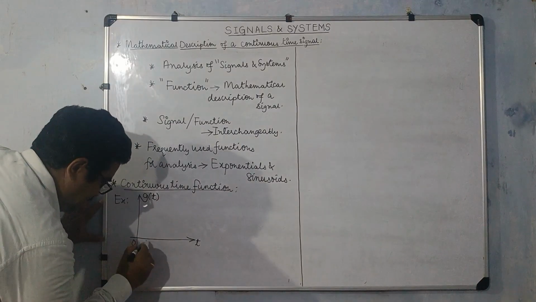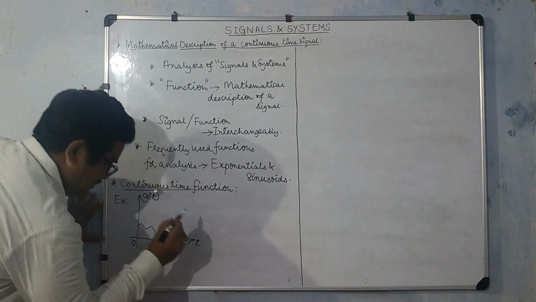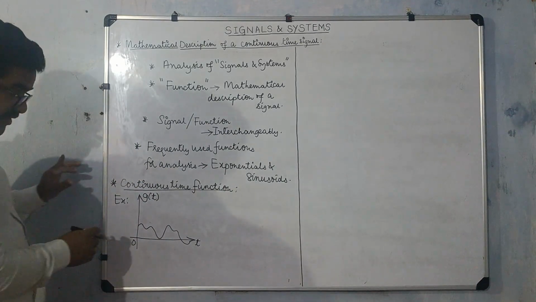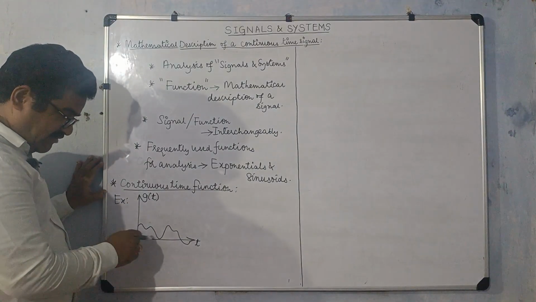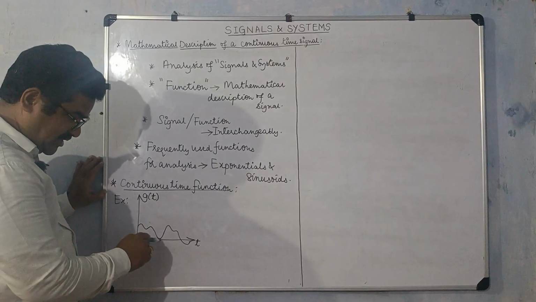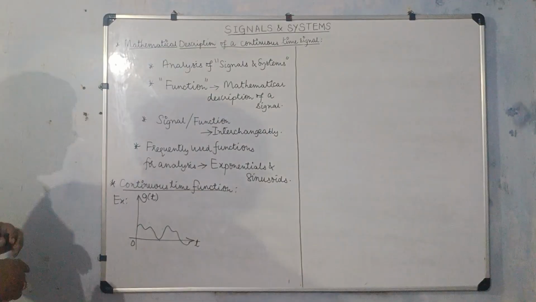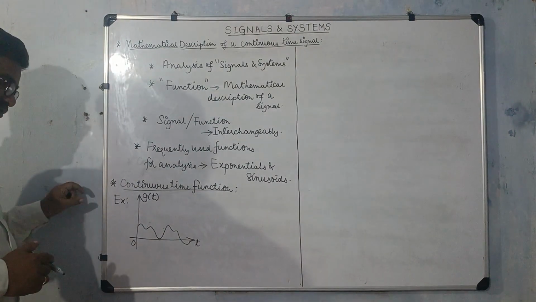I have some function which is varying in this manner. This is my continuous time function. Why do we call it a continuous time function? This function has a value at every instant of time. At whatever instant you are taking, the function has a certain value. So this is an example of a function.